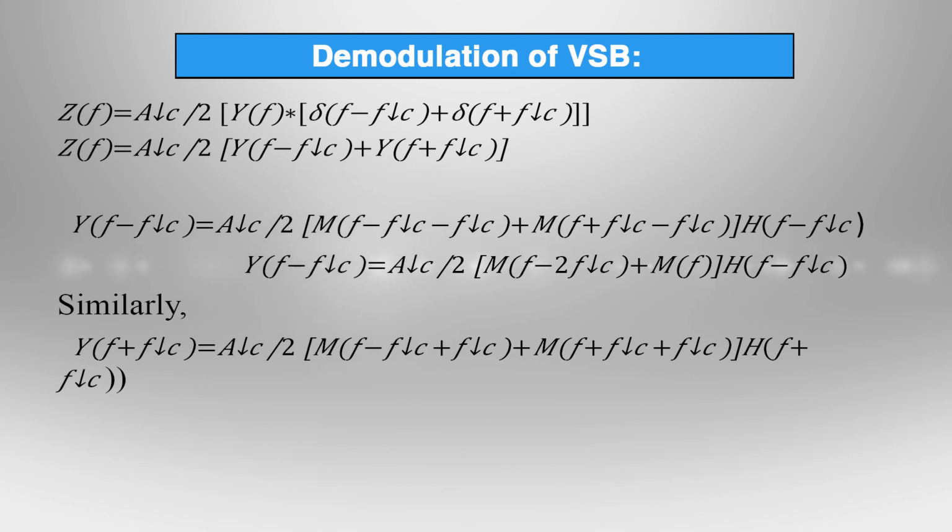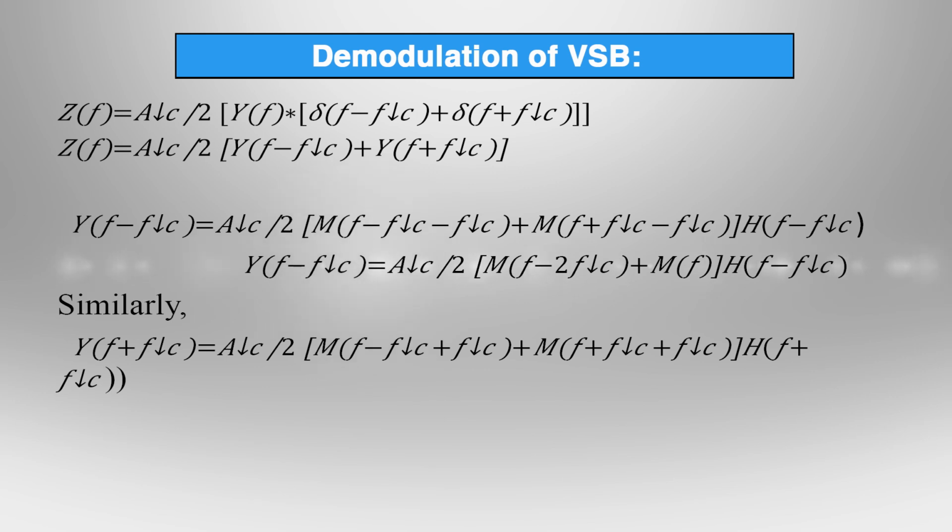As we know, the VSB modulated signal is represented by Y(f) equal to Ac/2 times [M(f − fc) + M(f + fc)] whole multiplied by H(f).